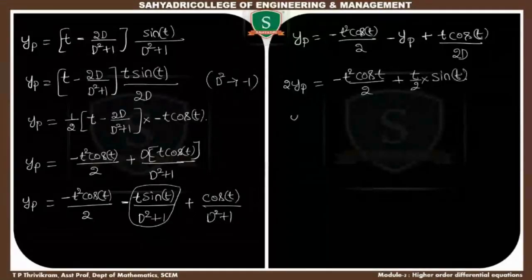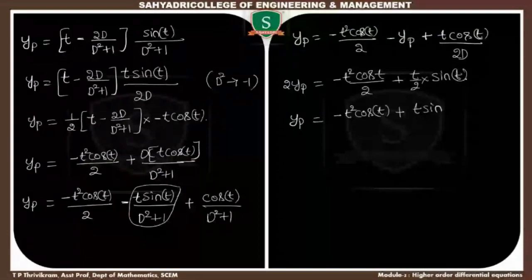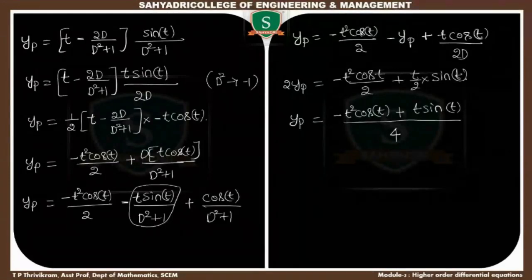So yp must be, sending this 2 to this side, minus t square cos t plus t sin t divided by 4 we will get.